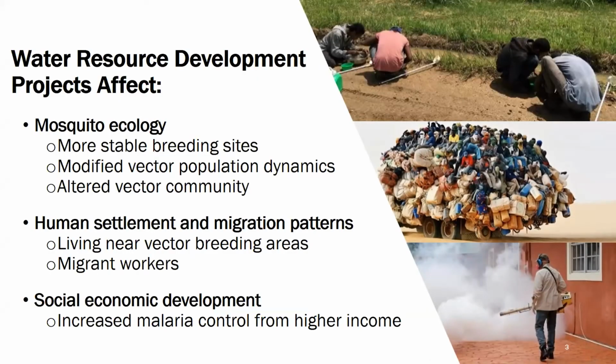Water resource development projects may affect vector ecology, such as creating more suitable breeding sites, and modify vector population dynamics and community structure. They may affect human settlement and migration patterns, and promote socioeconomic development. These factors act together and can modify transmission dynamics.